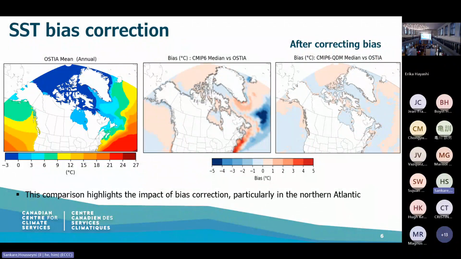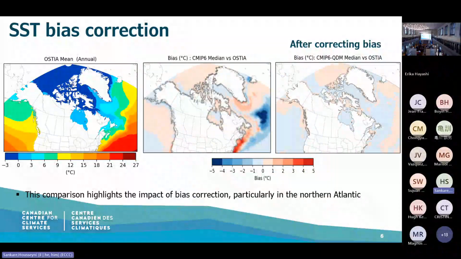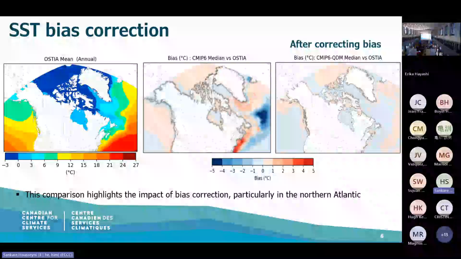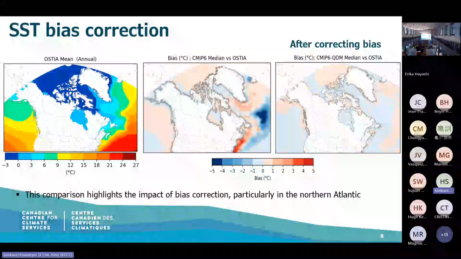The central panel shows the mean bias of SST from the model median of uncorrected CMIP6 models relative to OSIA, showing the magnitude and the spatial patterns of systematic bias, particularly in the northern part of the Atlantic Ocean.